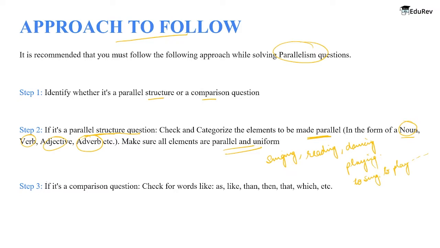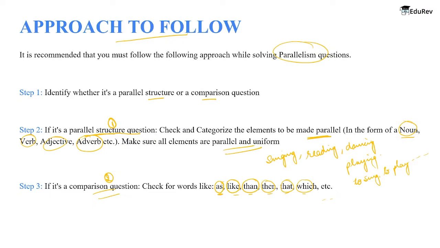Now what is step 3? Step 3 is if it's a comparison question. Here we are talking about a parallel structure question, and second, a comparison question. Check for words like as, like, than, then, that, which, etc. We know that when we are comparing one thing with another, we use words like as, like, than, that, which, and so on.